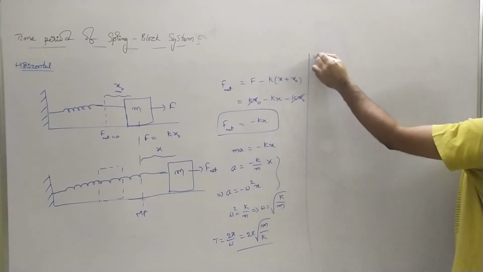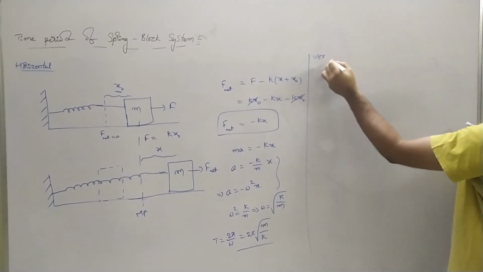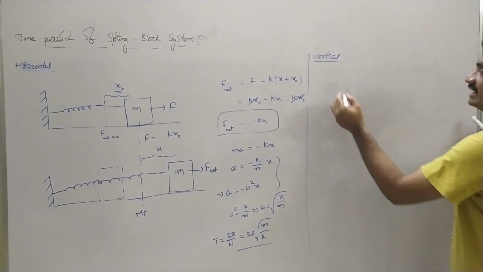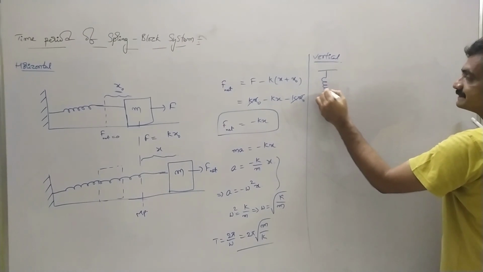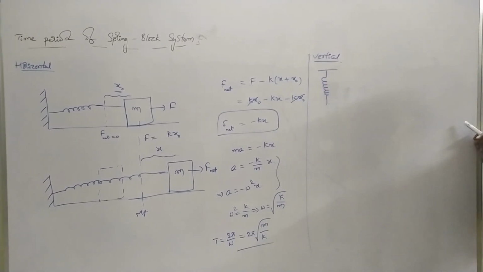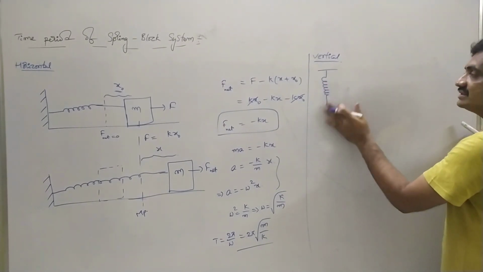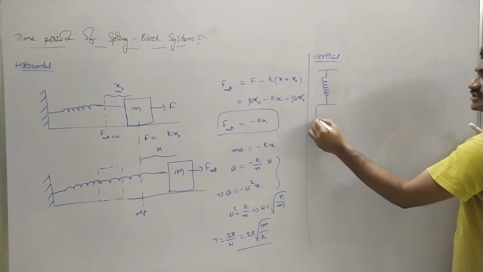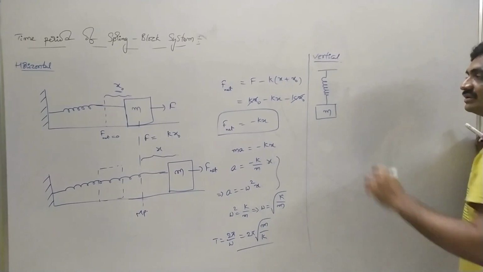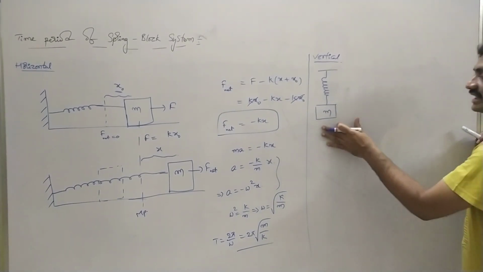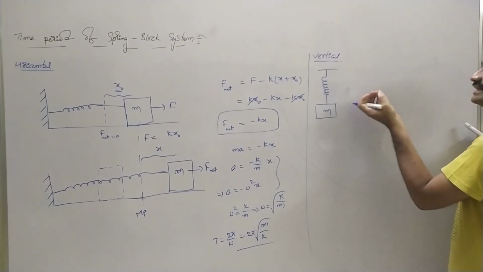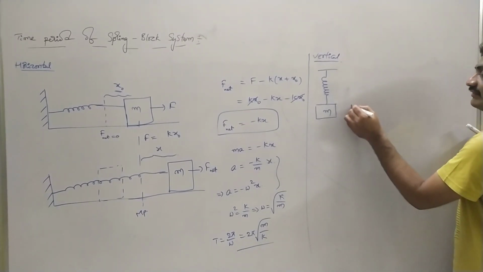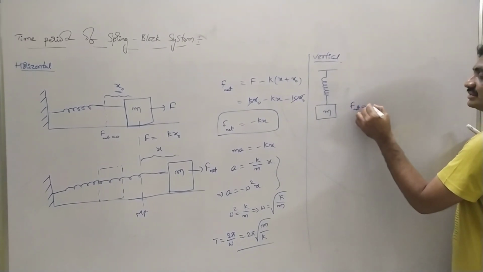Now we are going to represent the time period of a spring block system along the vertical path. Initially we consider a spring. Now the net force acting on this spring is 0. Now what we are going to do is attach a mass m to this spring. As we attach it, the body attains the equilibrium position where net force is equals to 0.